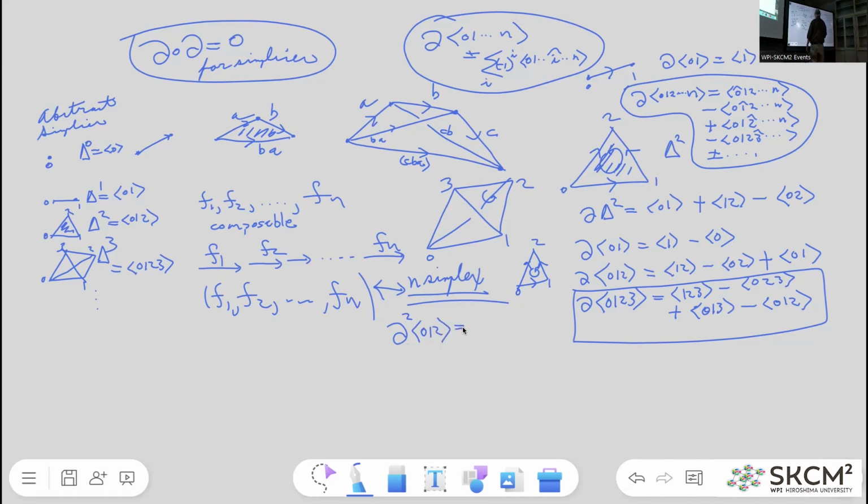Then I'm going to get the boundary of 1, 2, which is 2 minus 1, minus the boundary of 0, 2, which is 2 minus 0, plus the boundary of 0, 1, which is 1 minus 0.